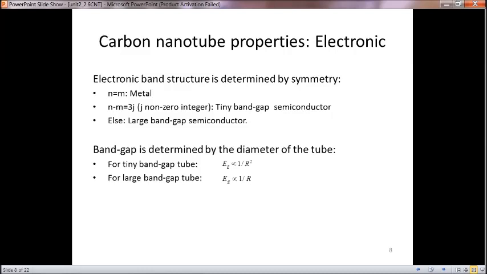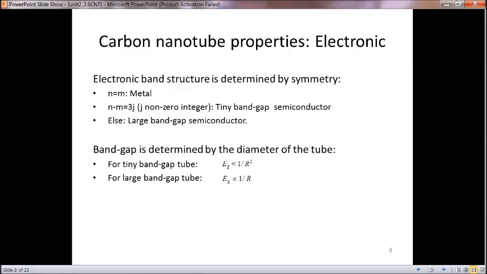The band gap is determined by the diameter of the tube. For a tiny band gap tube, the energy gap is inversely proportional to the square of the radius of the tube. If the band gap of the tube is large, then the energy gap is proportional to 1 by r, that is, inversely proportional to the radius.